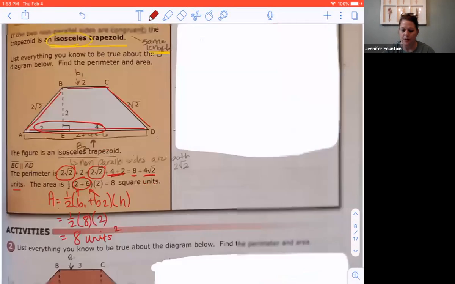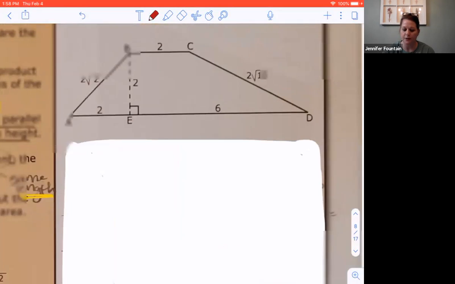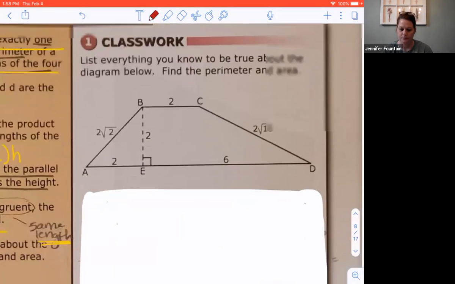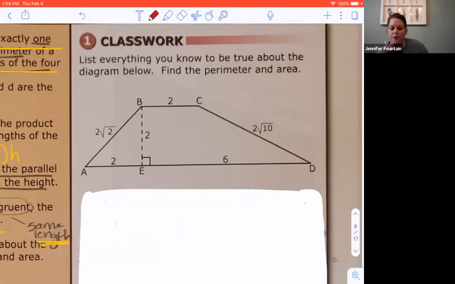Okay. So let's go ahead and take a look at this example over here. All right, it says list everything you know to be true about the diagram below, find the perimeter and the area. So what kind of figure is this? We know it's a trapezoid. A trapezoid is a type of parallelogram. Not a parallelogram.